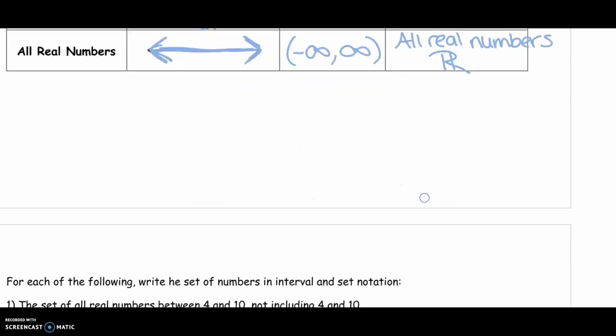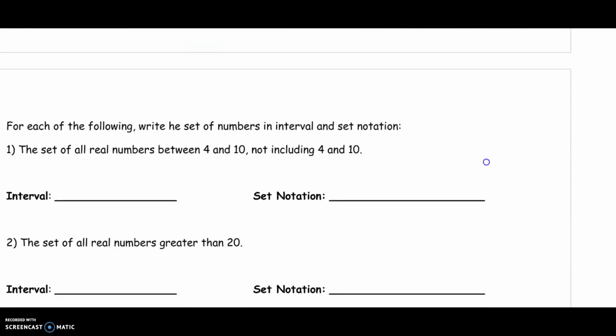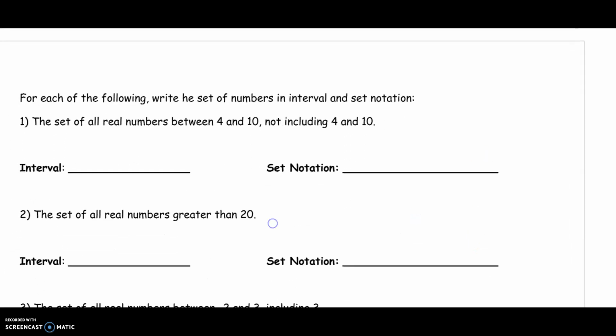Okay, so let's take a look at some examples with actual numbers. All right. So it says for each of the following, write the set of numbers in interval and set notation. So for this example, the set of all real numbers between 4 and 10, not including 4 and 10.